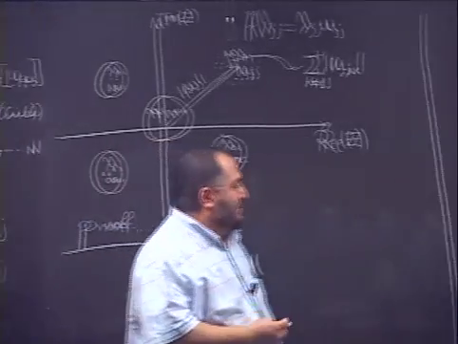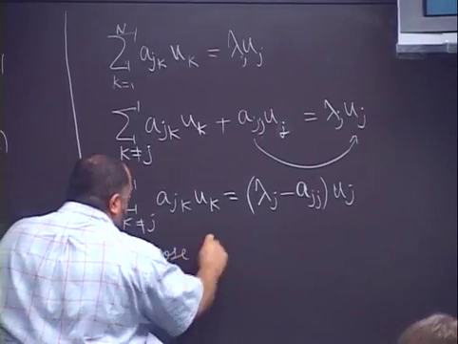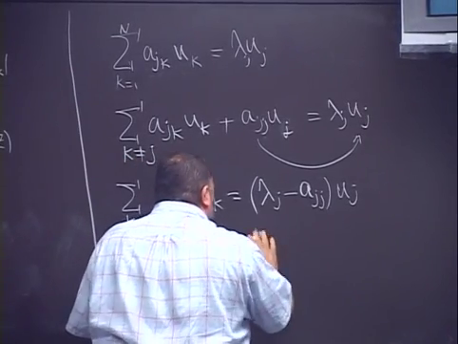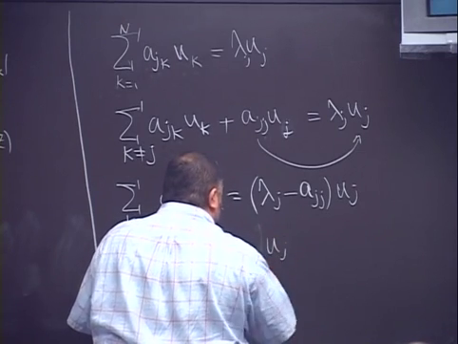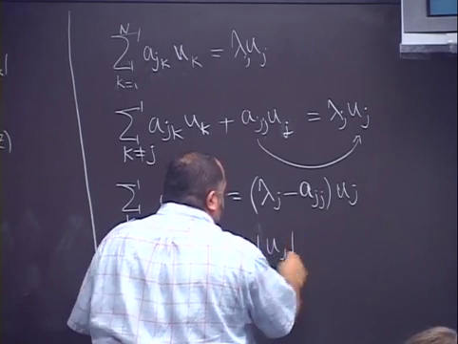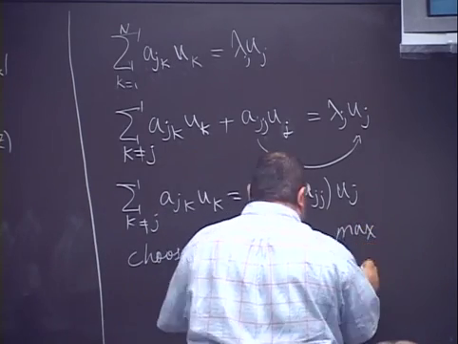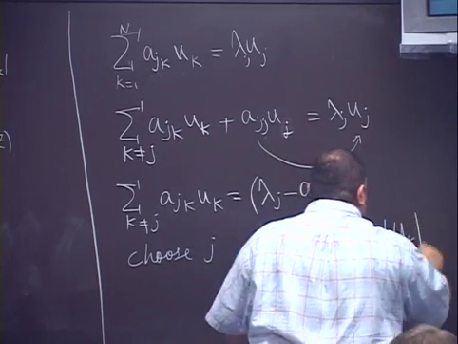So in principle, I will choose the j that will give me the maximum value of all the components of the vector U. So this will be the maximum over k of the amplitude of uk.